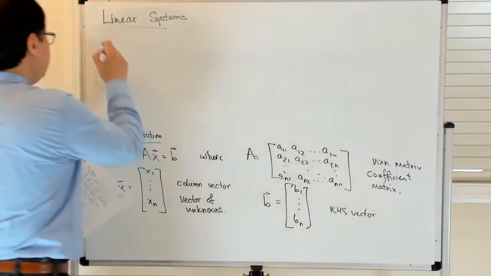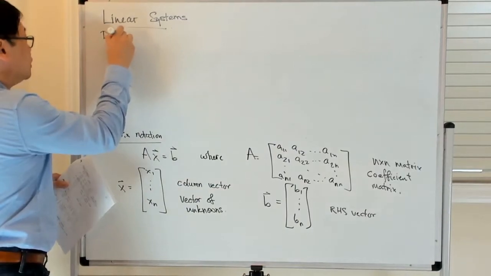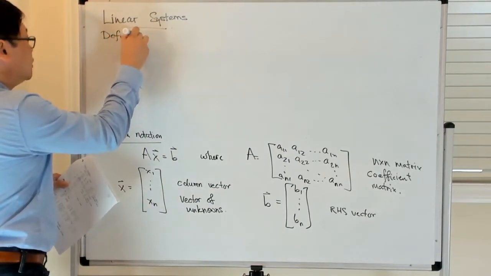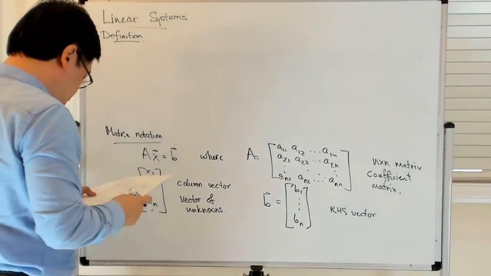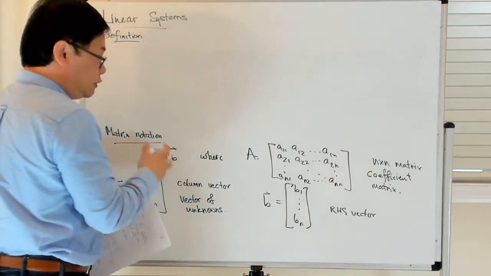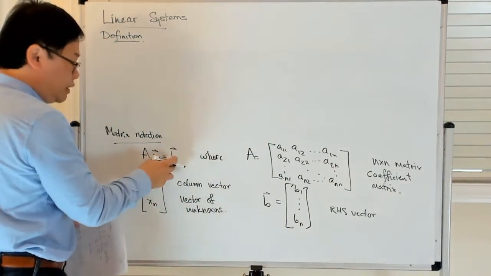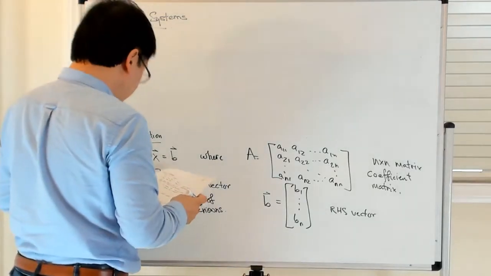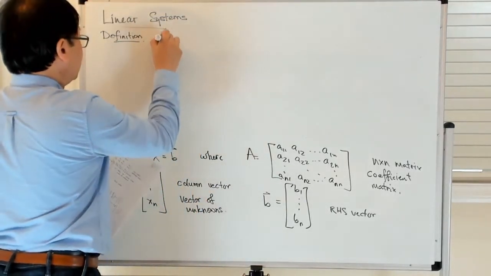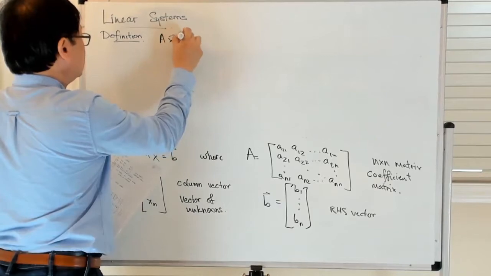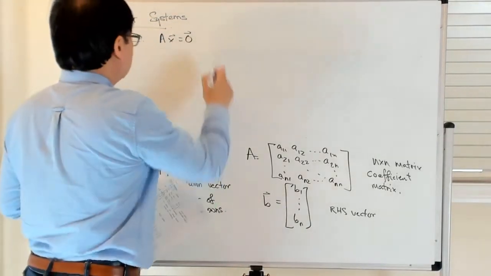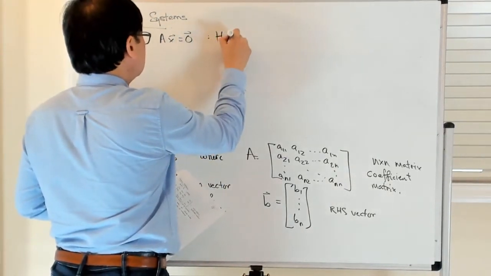So now let me give you an additional definition. If you look at a special case of this linear system where b is the 0 vector, so if you look at Ax is equal to 0, this is what's called a homogeneous equation.